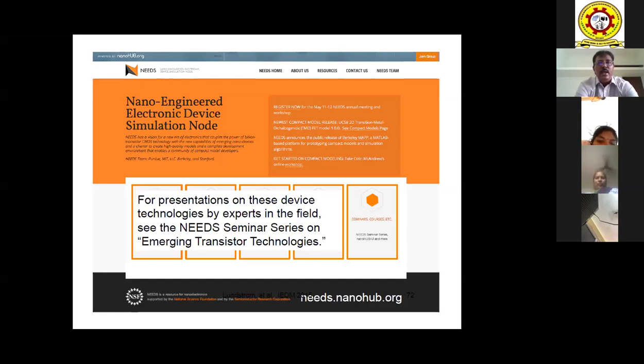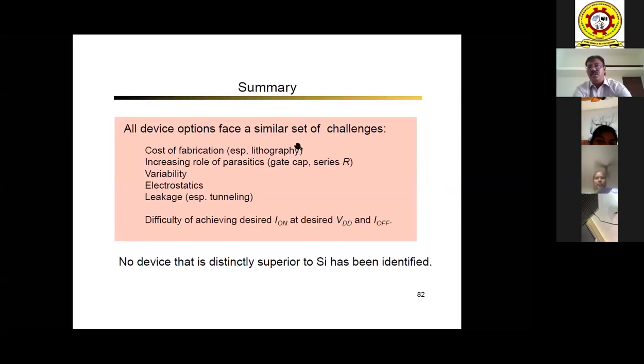And the summary is, all device options face a similar set of challenges, right? Cost of fabrication, lithography. So that's the reason nowadays everything is on virtual fab, no more physical fabs. Increasing role of parasitics, gate capacitance and series resistance, variability, electrostatics, and leakage, especially in tunneling.